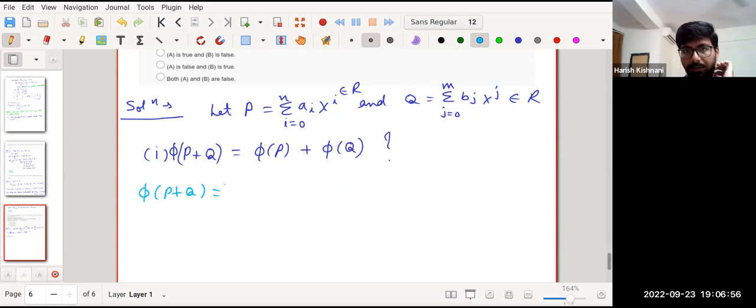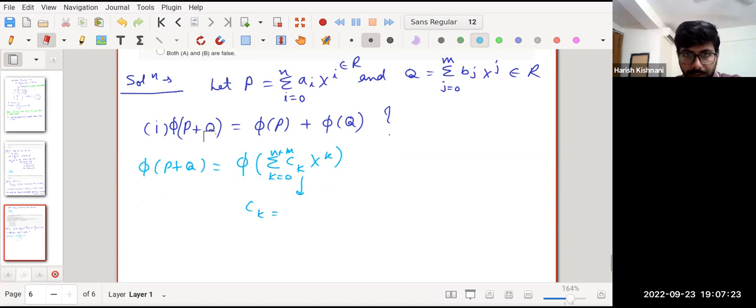Here p plus q is the summation of k equal to 0 to n plus m, c_k x to the k, with polynomial multiplication, where this c_k is the summation over l equal to 0 to k of a_l b_{k minus l}.